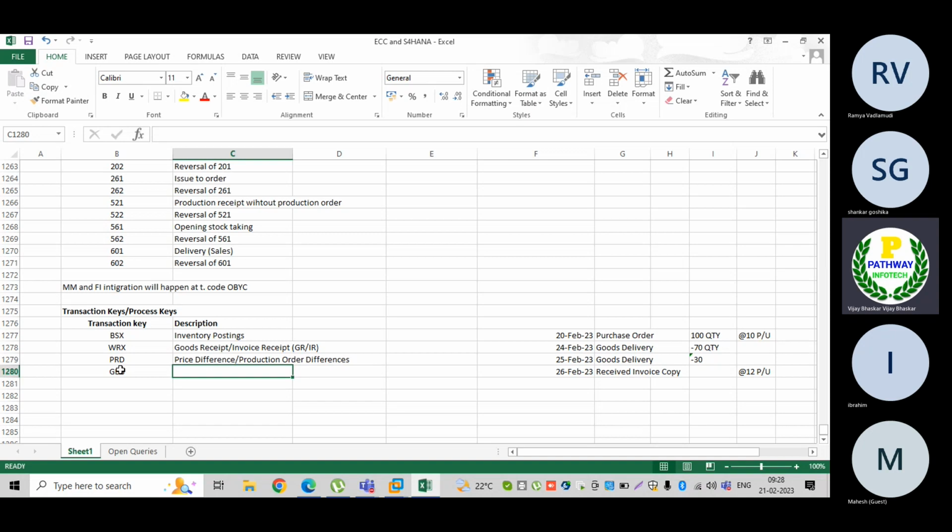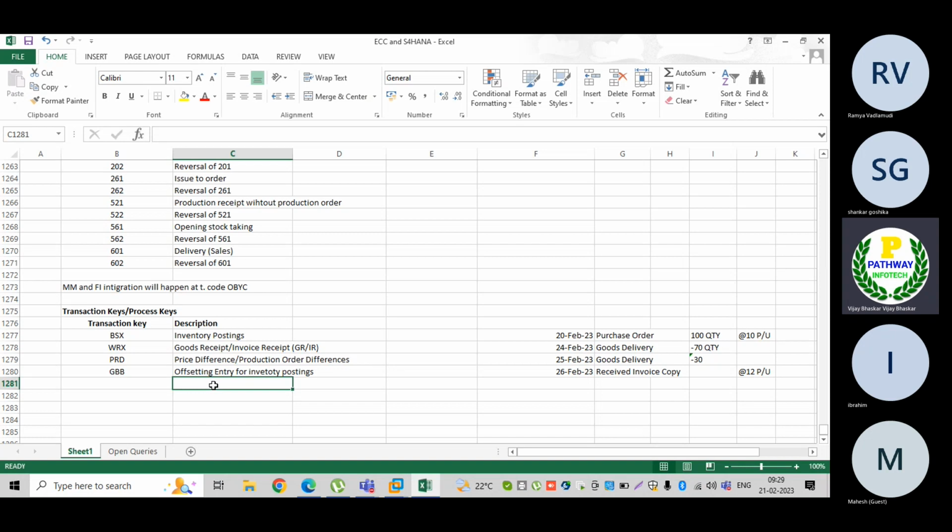There are different goods movements happening within office premises, and we need to record them. We need to map the GL accounts into GBB. These are the offsetting accounts, the offsetting entry for inventory postings.